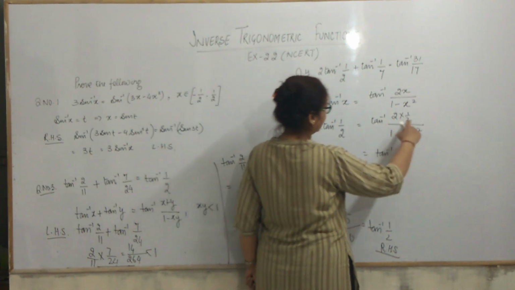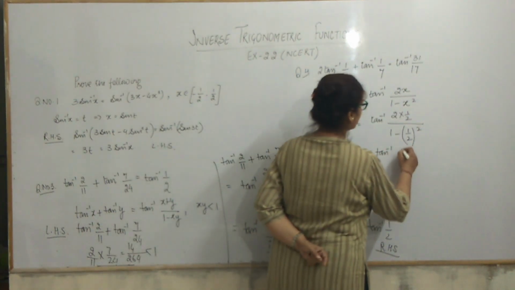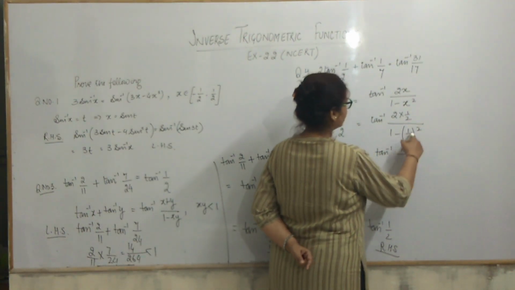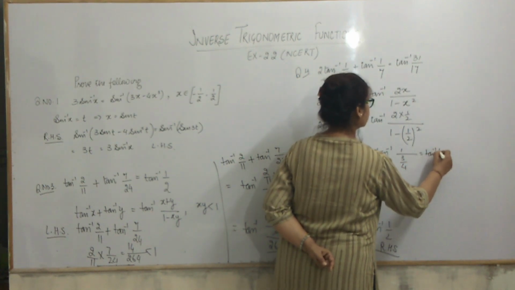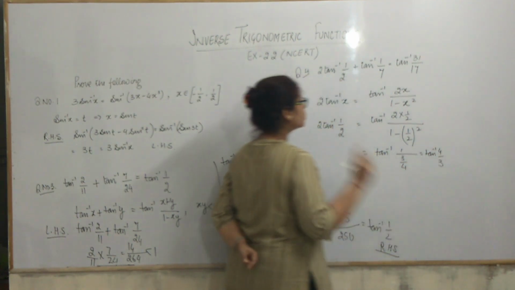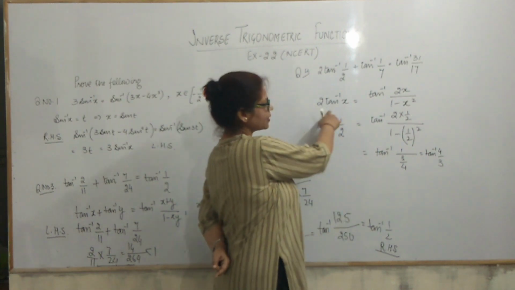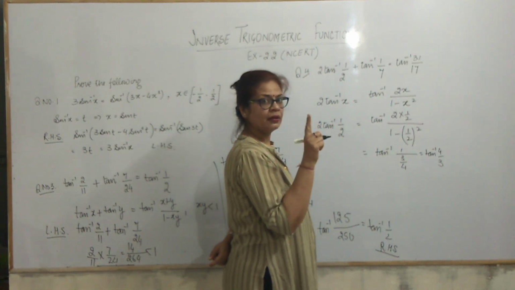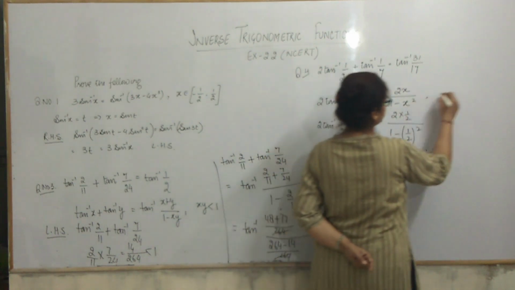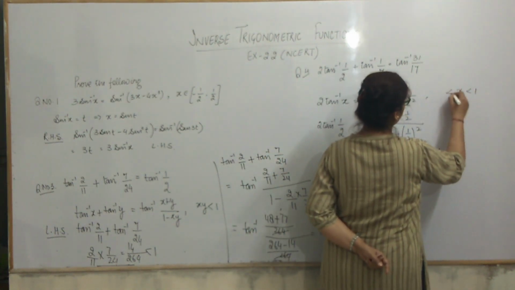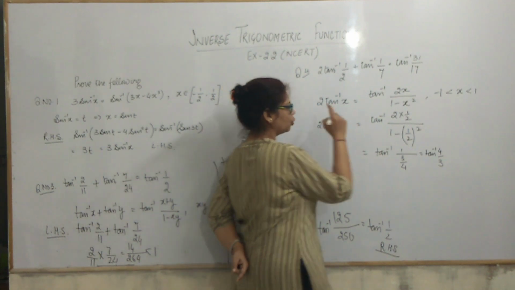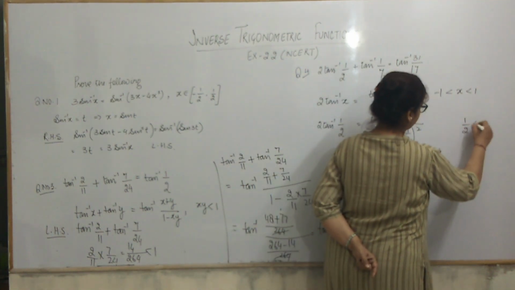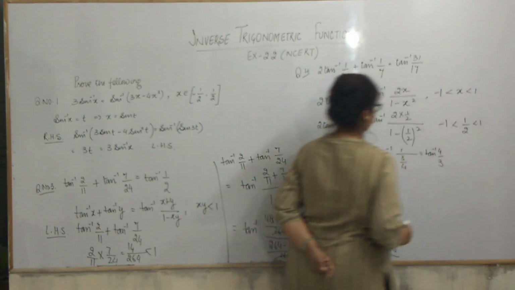This is tan inverse of 1 upon 1 minus 1 by 4, that is 3 by 4. It is equal to tan inverse 4 by 3. One more thing I want to remind you: to apply this formula, you must check the condition. The condition is that x lies between 1 and minus 1, and here x is 1 by 2, which lies between 1 and minus 1.